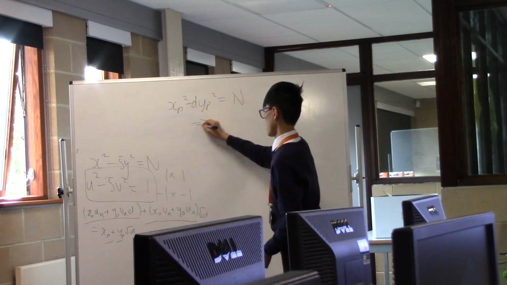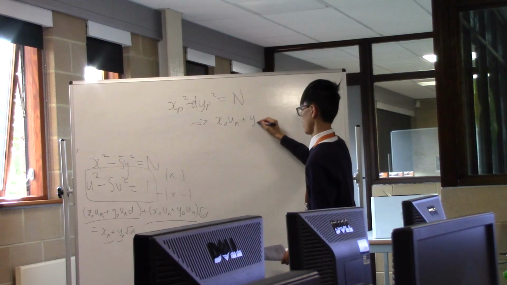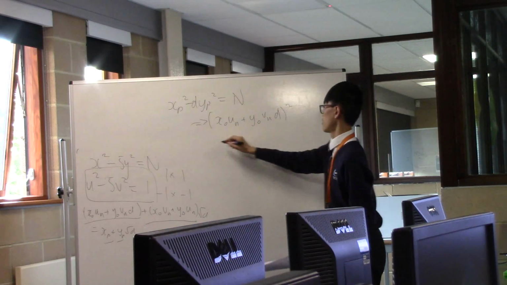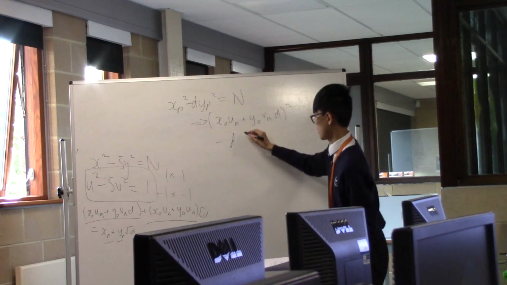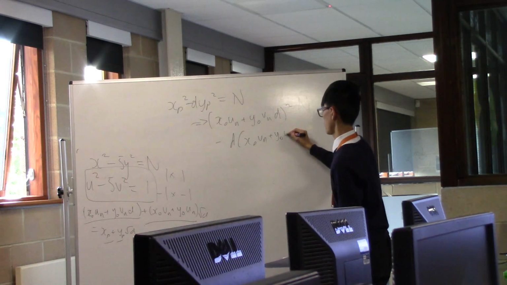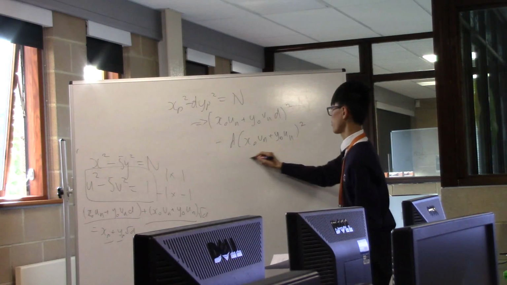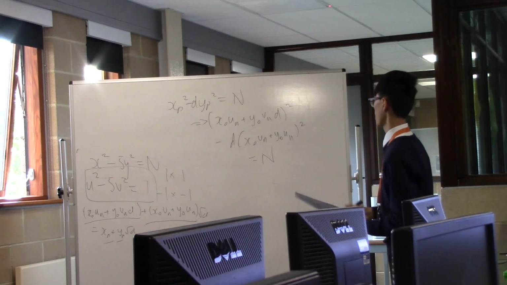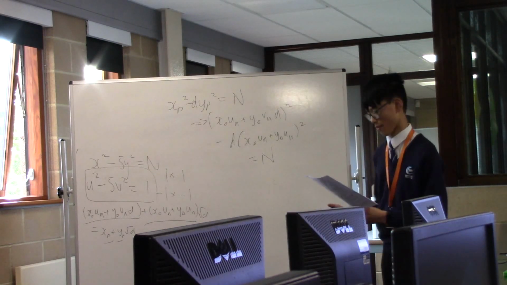We would get x0 un plus y0 vn d, that's our xp, squared, minus d times yp, which is x0 vn plus y0 un, squared, and that should be equal to n. We can then expand out these brackets, which I won't do here because it's very messy.